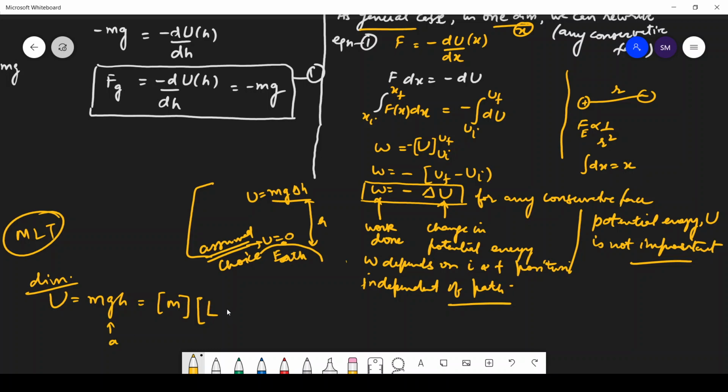So meter is length, and per second square means time raised to the power minus 2. And then we have height, which is length. So what is the dimensional formula now? M, and then L to the power 1 plus 1 is L square, and then T raised to the power minus 2. So that is the dimensional formula of potential energy. Now what is the SI unit of potential energy? The SI unit of potential energy is, of course, joules.